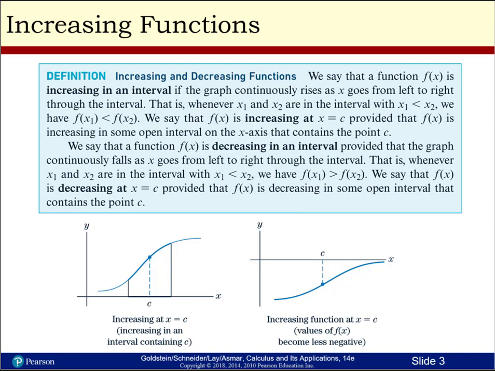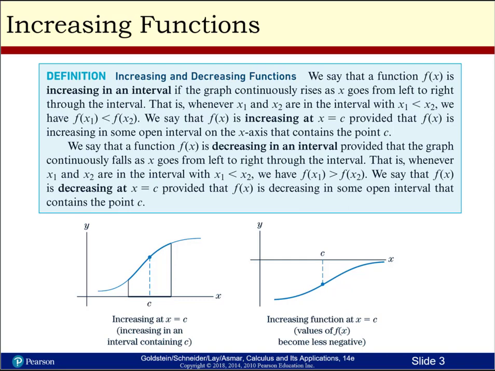We say that f of x is increasing at x equals c, provided that f of x is increasing in some open interval on the x-axis that contains the point c. We say that the function f of x is decreasing in an interval provided that the graph continuously falls as x goes from left to right through the interval.